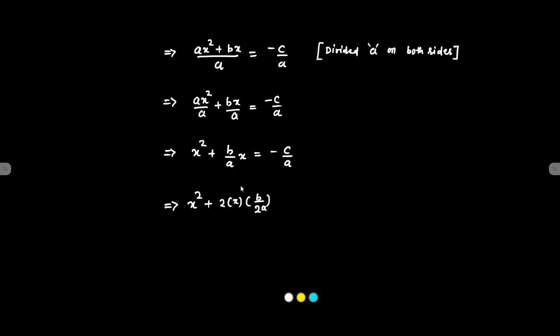Okay, 2 into x into b by 2a, that becomes b by a x. There is nothing wrong with that. So why are we doing it? Because we want to convert it into a whole square form, something plus something whole square, a plus b whole square form.